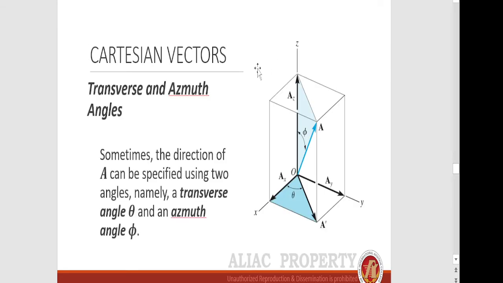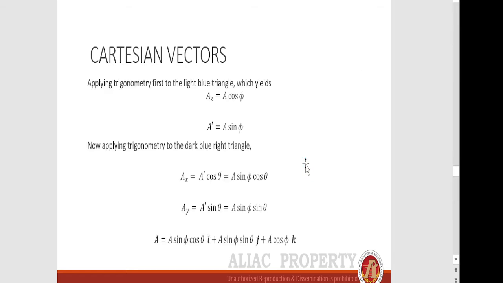Then we have another topic, that is transverse and azimuth angles. Sometimes the direction of the vector A can be specified using two angles, namely a transverse angle theta and the azimuth angle phi. Theta is the angle made by the inverse vector A along the x axis and phi along the z axis.